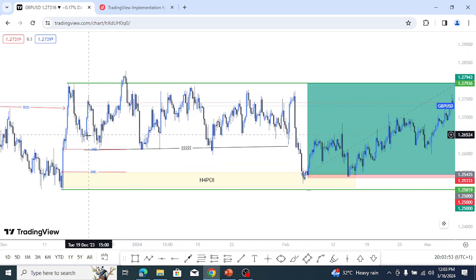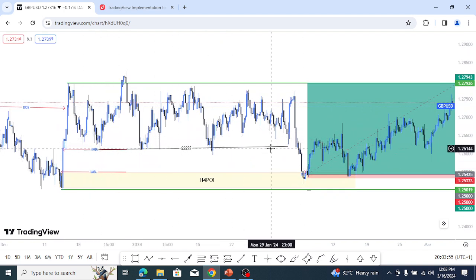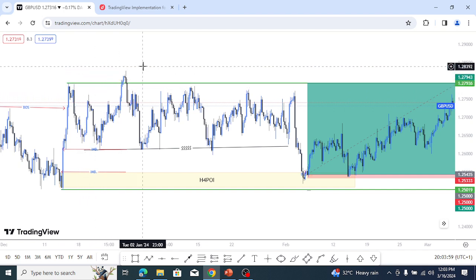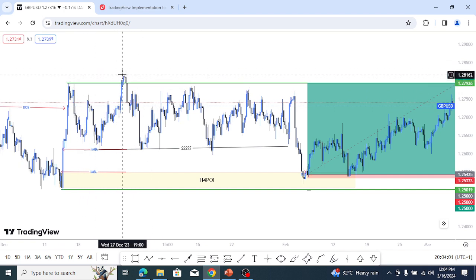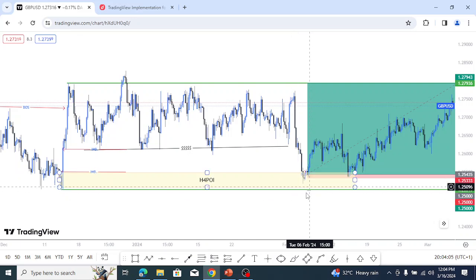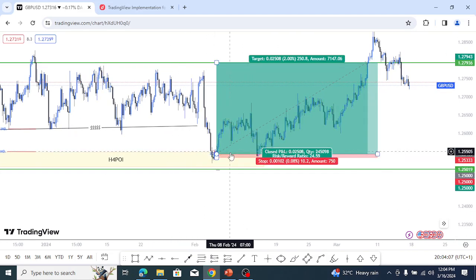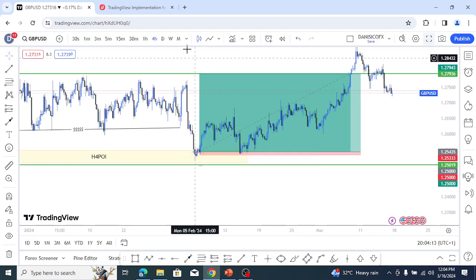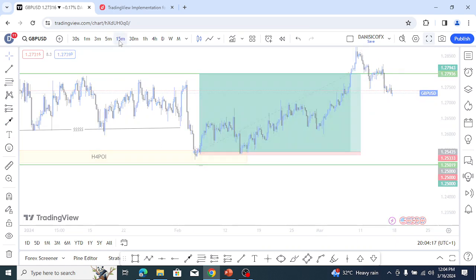The imbalance created a liquidity zone. You see this market came back to this level, grabbed liquidity here, and came down and tapped into your order block. So when the market taps into your point of interest, then you move down to the lower time frame, which is your 15 minutes time frame.